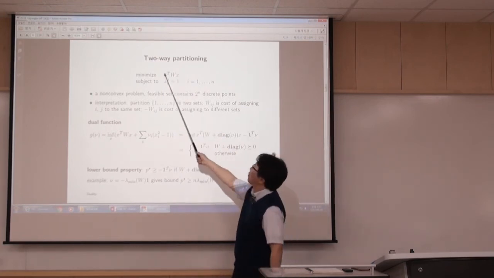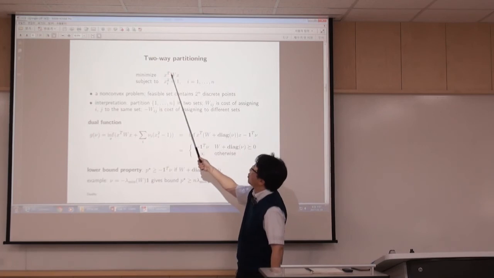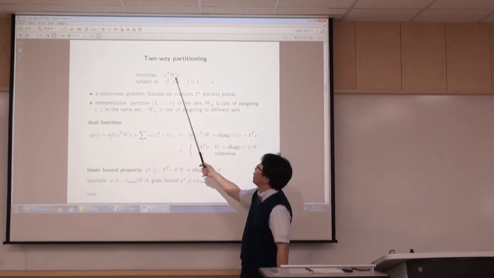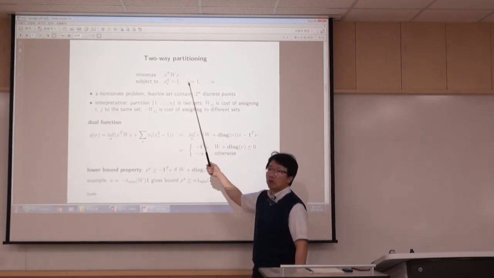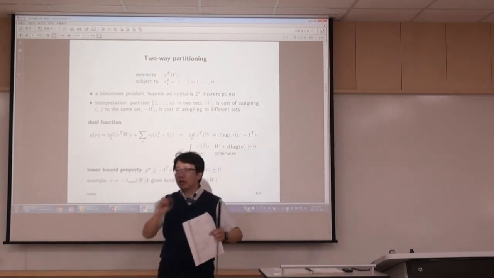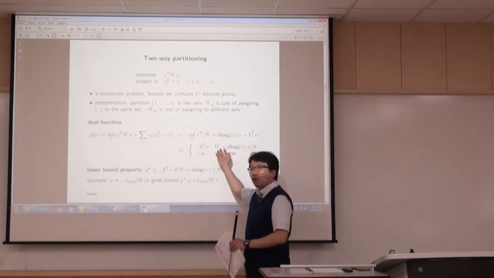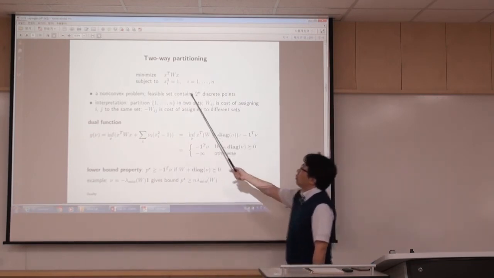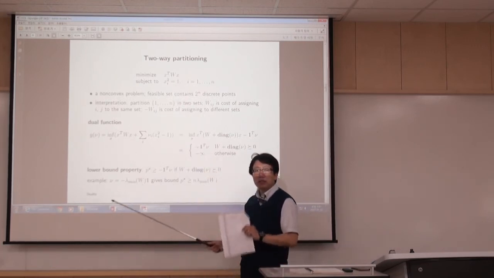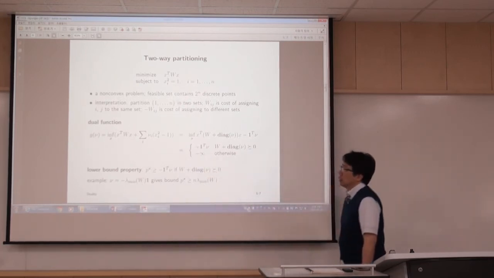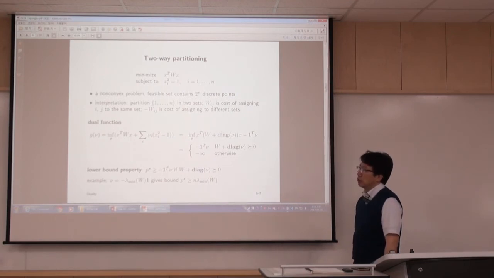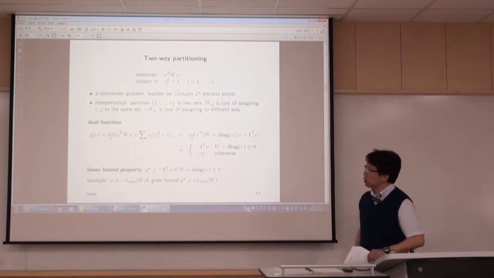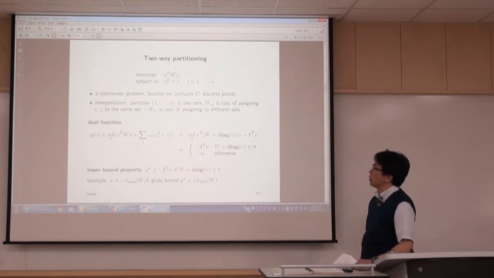For example, if this problem is X Hermitian transpose times some Hermitian symmetric W times X, and X sub i has absolute value 1, or X sub i is a QPSK constellation, then it could be a four-way partitioning problem. But anyway, this optimization cannot be solved in linear or sub-exponential complexity.